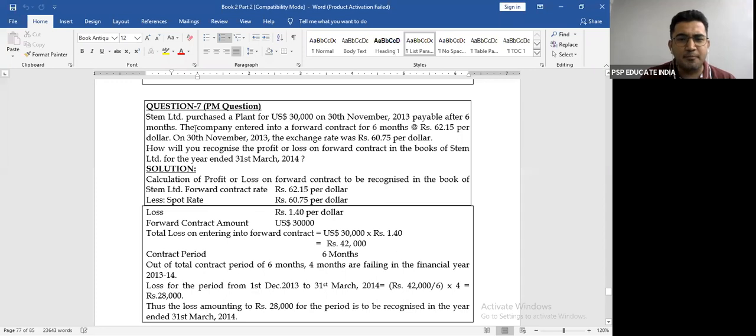It says STEM Limited purchased a plant for US dollars 30,000 on 30th November 2013, which is payable after 6 months.